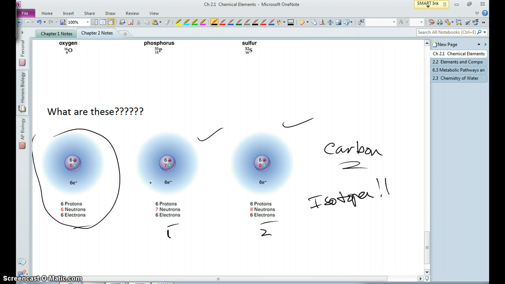Now, when you look out there in the world, most of the carbon is like this. It's what we would call C12. But there's also C13 and C14 in relatively small amounts.